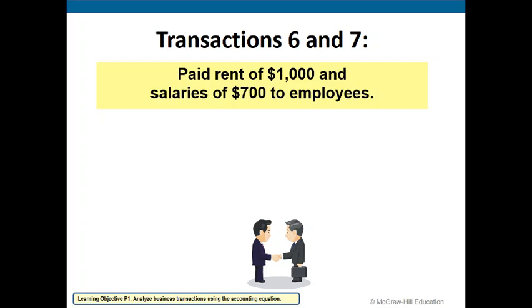So you reduce cash by $1,000, you reduce equity by $1,000. Same goes for salaries. You reduce cash by $700, and you have a salary or wage expense of $700. That's going to be an expense, obviously, and so it's going to reduce equity by $700.